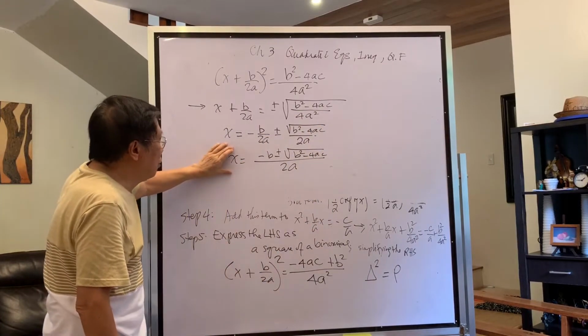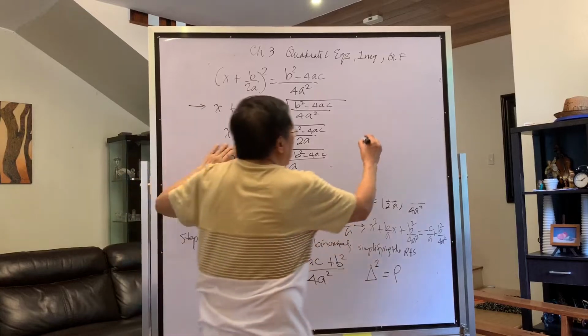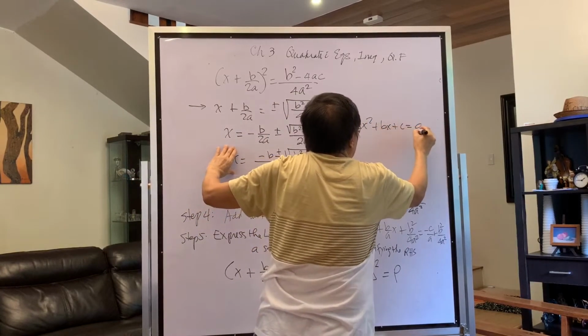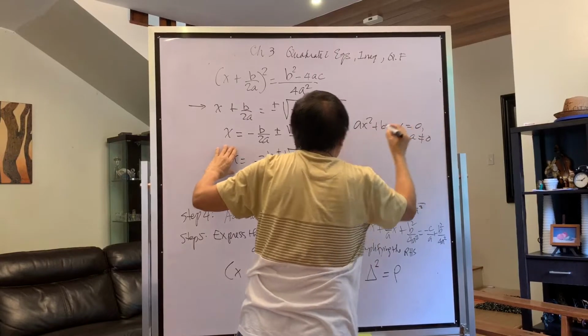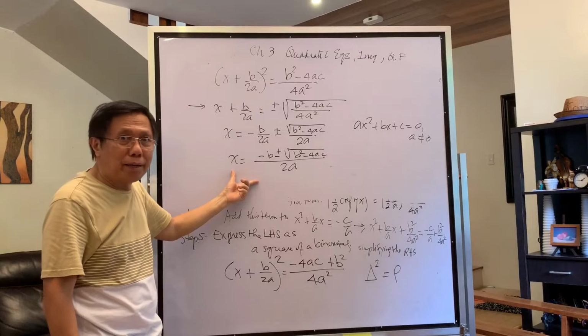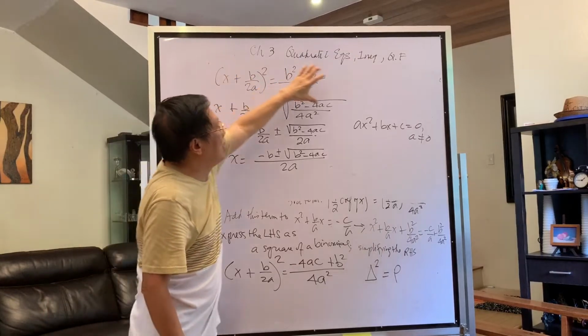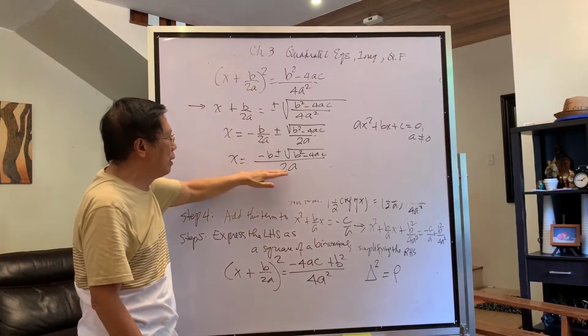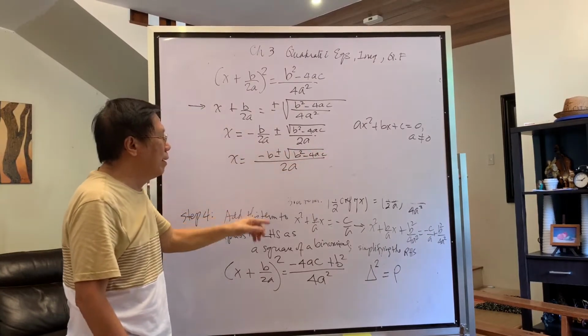This is now the solution to our equation ax squared plus bx plus c equals 0, where a is not equal to 0. We did the solution using completing the square. And when we arrived at this form, we used extracting roots, so we have x equals this one here.